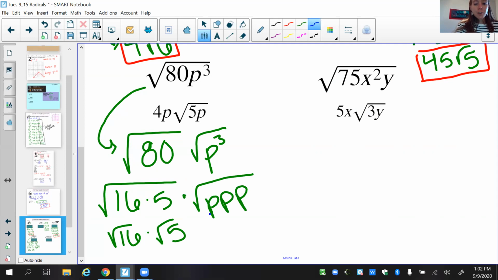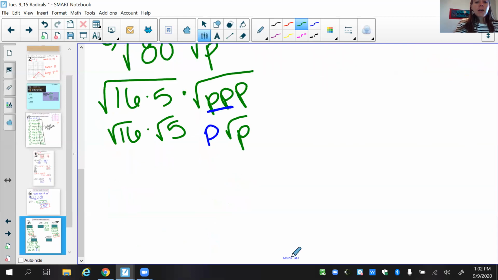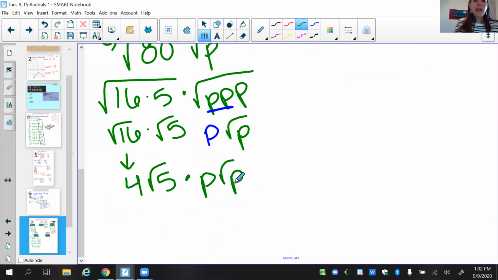On these p's, I have a grouping of 2, so I'm going to pull that p out by itself, and I'm left with the square root of p. Okay. The square root of 16 is 4 times the square root of 5 times p, the square root of p.